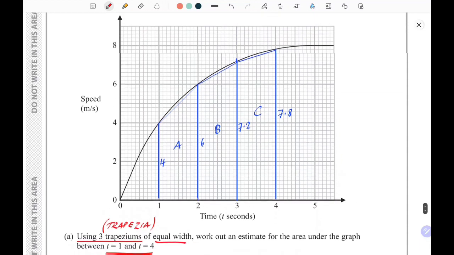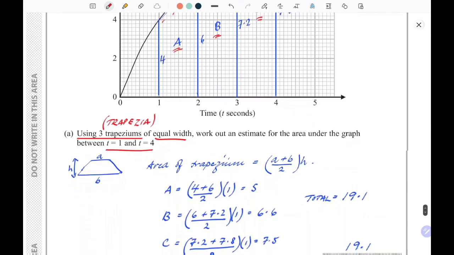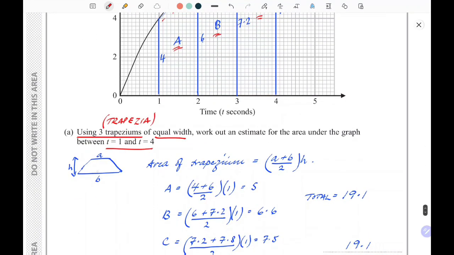All right. You've seen on the graph, I've actually done my 3 different trapezia, and you've got A, B, and C. Okay. Each of those I've just connected, you can see up here, right, to create a trapezium in each case. So remind ourselves that the area of a trapezium is given by the sum of the top and bottom lengths of the trapezium divided by 2 times the height, all right?